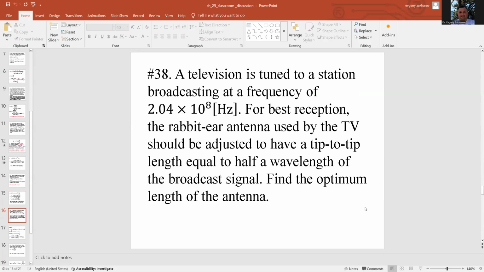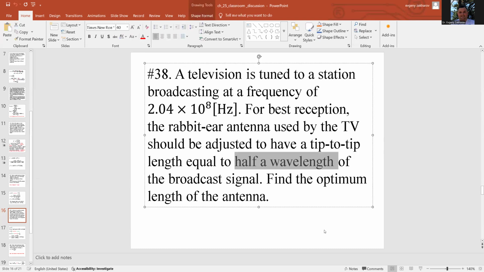Okay, say we've got a television tuned to a certain station, to a certain frequency, for best reception. We have an antenna that should be adjusted to have a tip-to-tip length equal to half a wavelength. Okay, half a wavelength. What's the length of the antenna? Well, if the length is half of the wavelength, then your lambda, the wavelength, is just the length times 2.